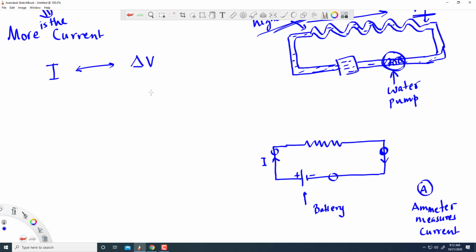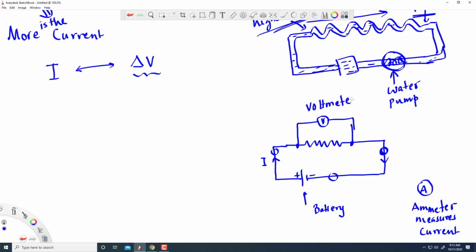Whereas potential difference is measured across the component. So let's say you want to measure the potential difference between this point and this point. Then you connect your device across that. So you connect your device, which is called a voltmeter. It measures the voltage.